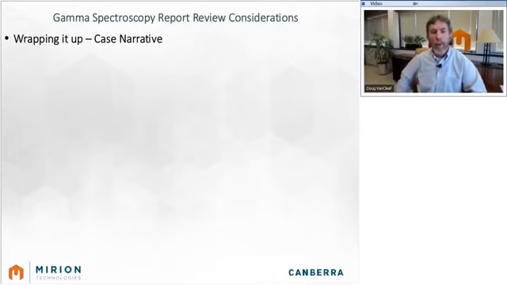Generally speaking, we complete our report with a thing called the case narrative, which is basically just a written summary to clarify anything in the report that might not be obvious, but is essential to a proper understanding of the reported results.